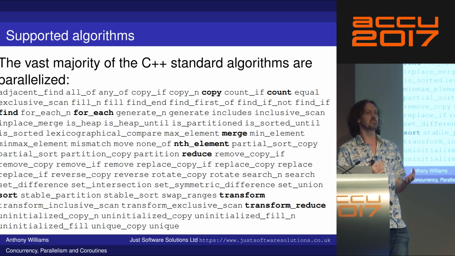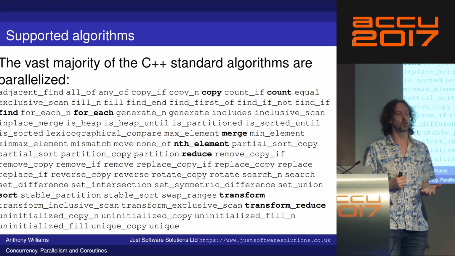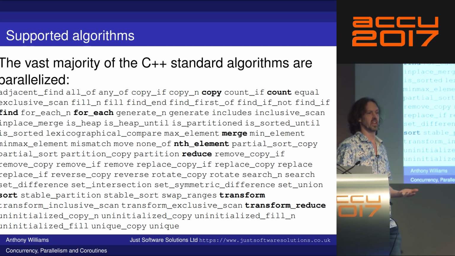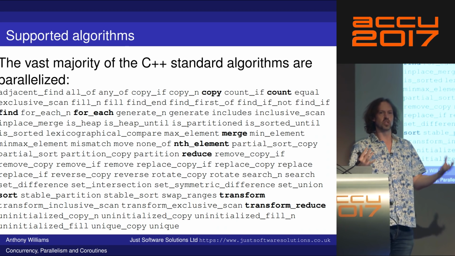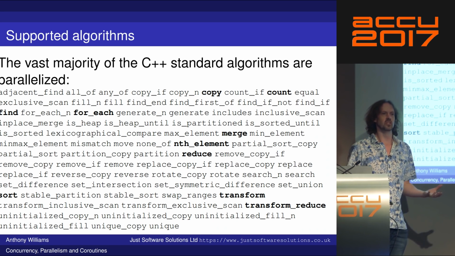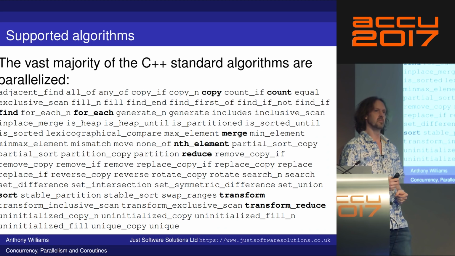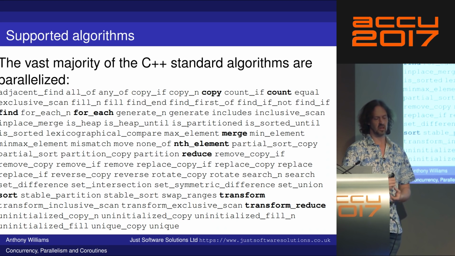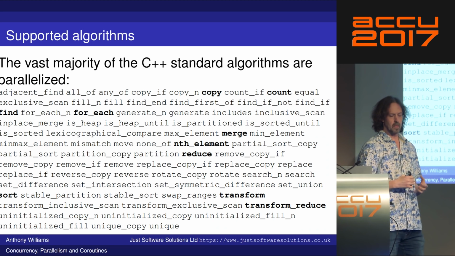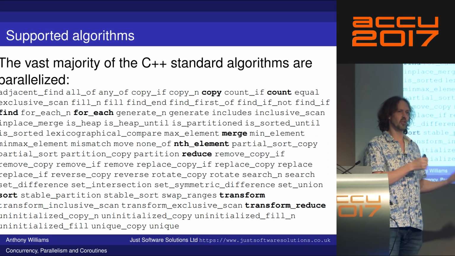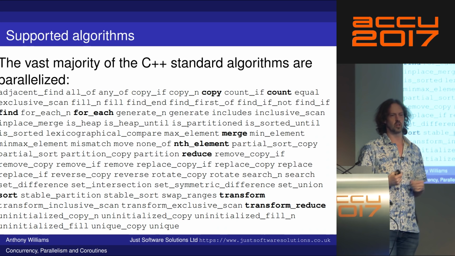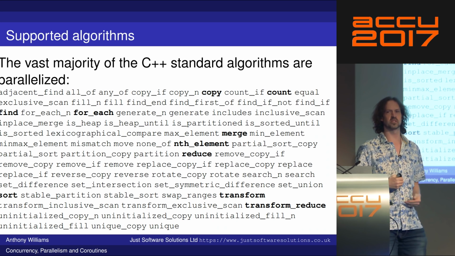Among the things that people are going to say are interesting, we've got transform_reduce. That's very similar to the map-reduce type operations that are all the rage, as it were, in high performance computing. We've got nth_element, which is actually a very interesting algorithm to parallelize. So having the standard library do it for you is quite good.